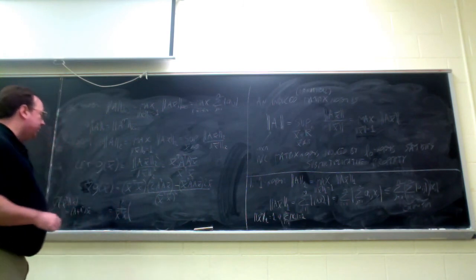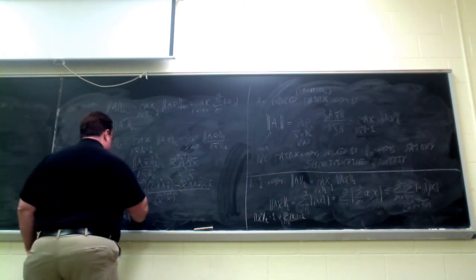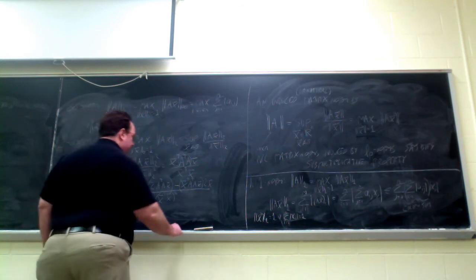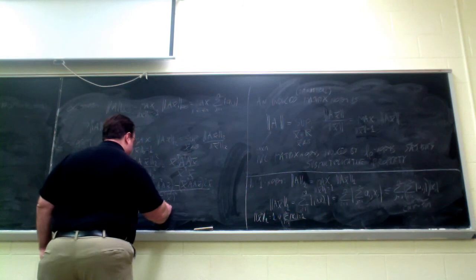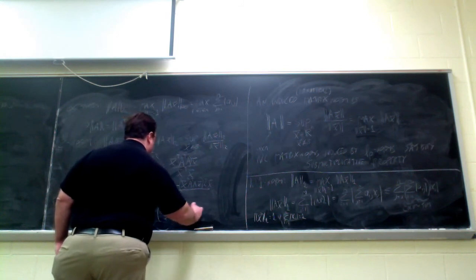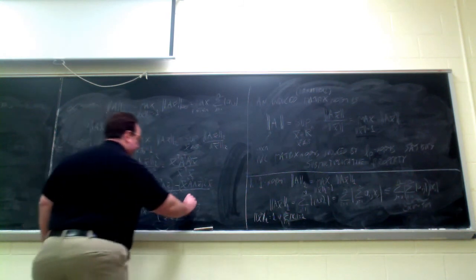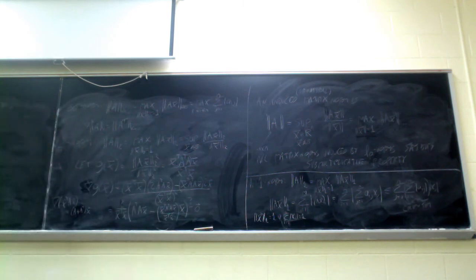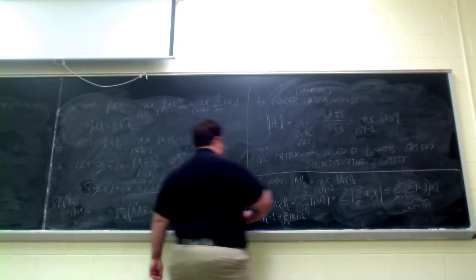And what's left is A transpose Ax minus x transpose A transpose Ax over x transpose x, which is a number, all times x. And we want this to be equal to 0 in order to have any hope of finding a local maximum or minimum.